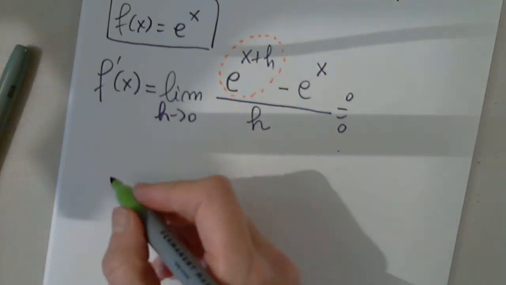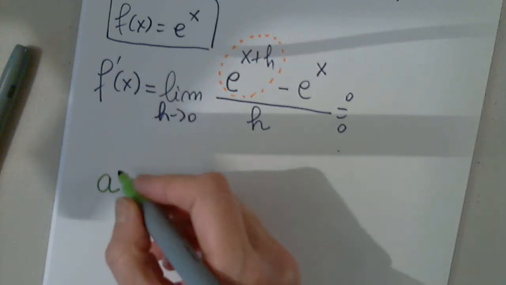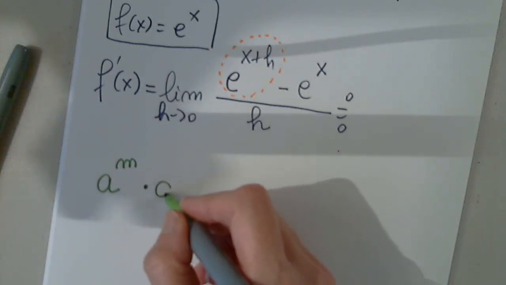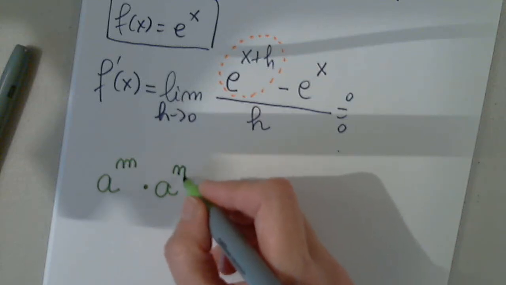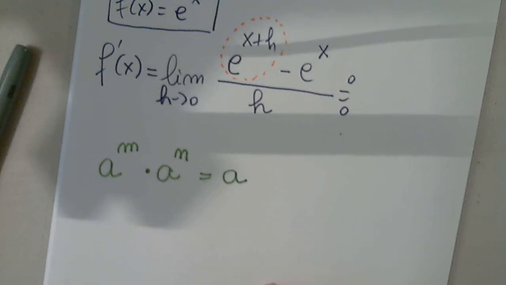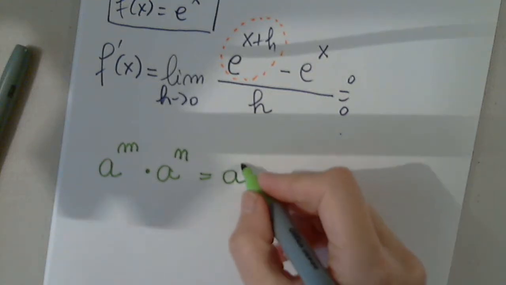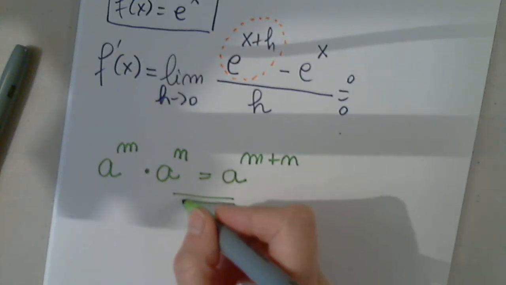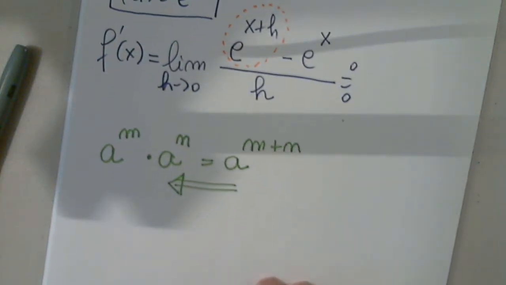I hope you remember that when I multiply a base raised to a number m times a base raised to a number n, I copy the base, and what happens to the exponents? You add the exponents. Very good. M plus n. But this is the same going reverse.